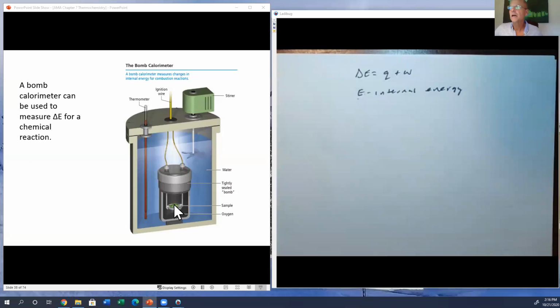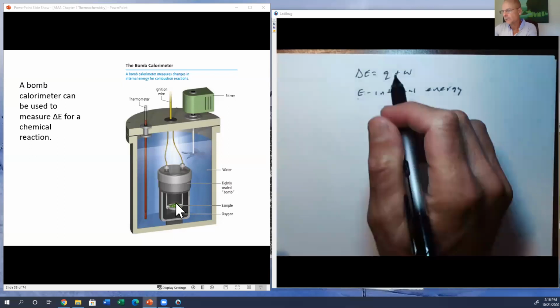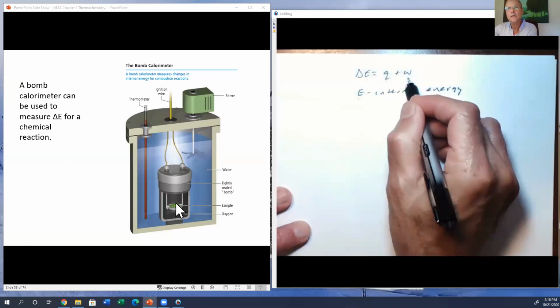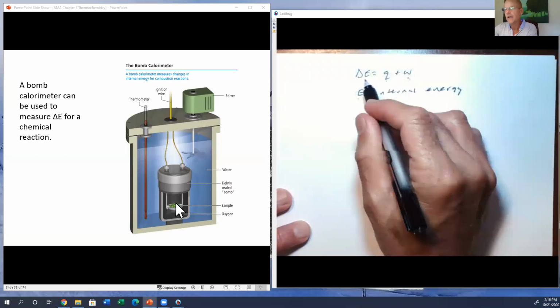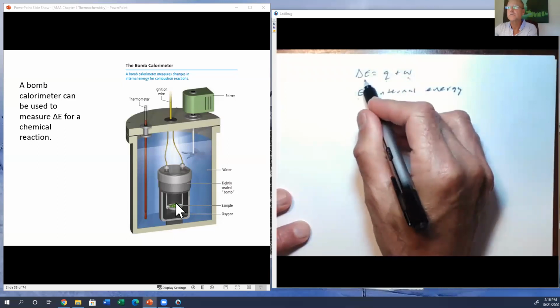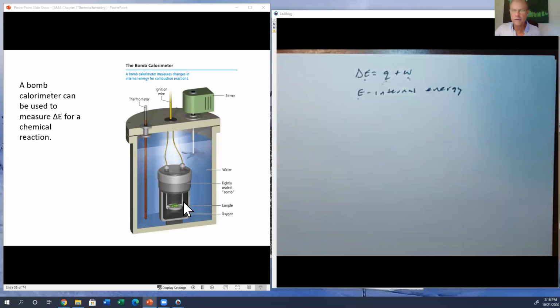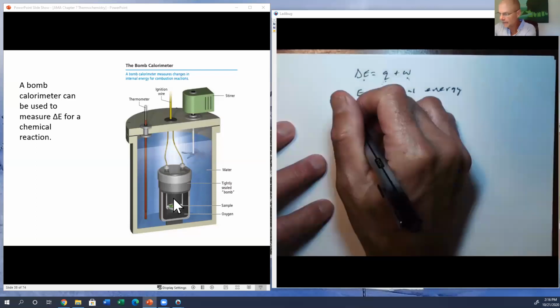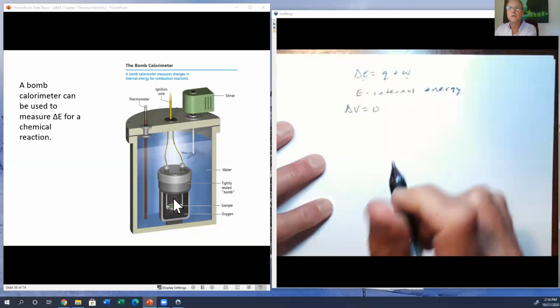And because of the change in energy with the surroundings, your reaction is the system. It's exchanging energy with the surroundings, and it can exchange energy via heat or work. If you sum those two together, you'd get delta E. The key to this, though, is that because this compartment cannot change volume, delta V equals 0.